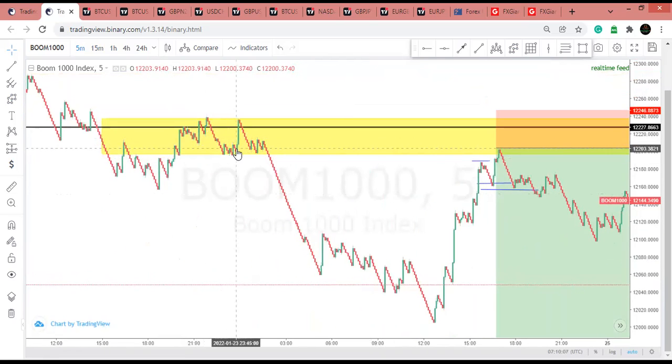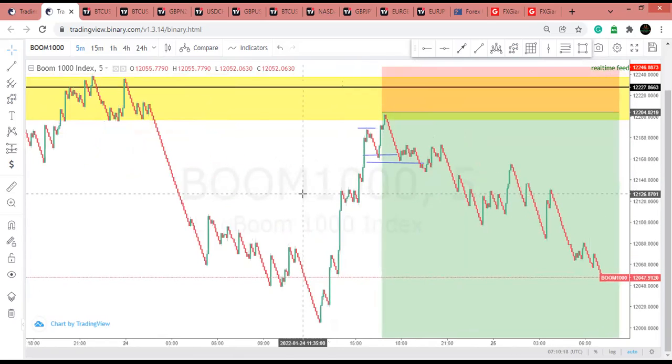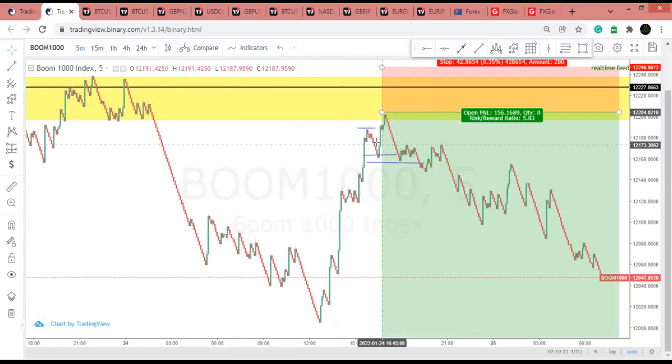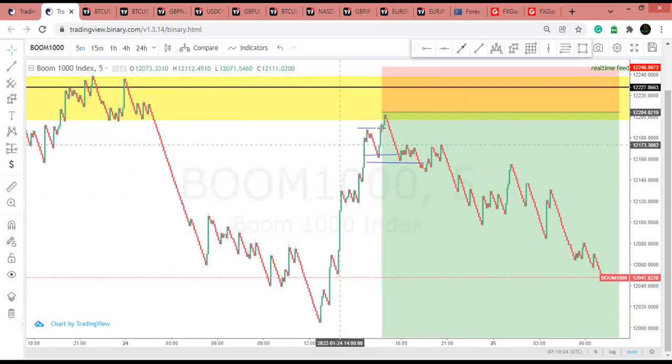there's an institutional candle area which price has returned into, the yellow zone that I marked on 15 minutes. And on this 5 minutes, price returned into the yellow zone and gave me my Wyckoff redistribution schematic.